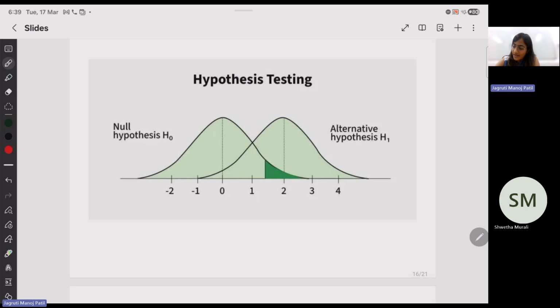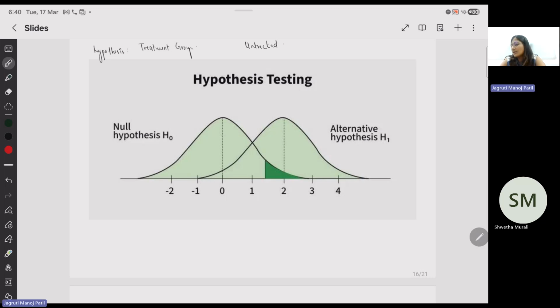So let's say I have a hypothesis to test. And this hypothesis can be that I have a treatment group, and I have an untreated group.